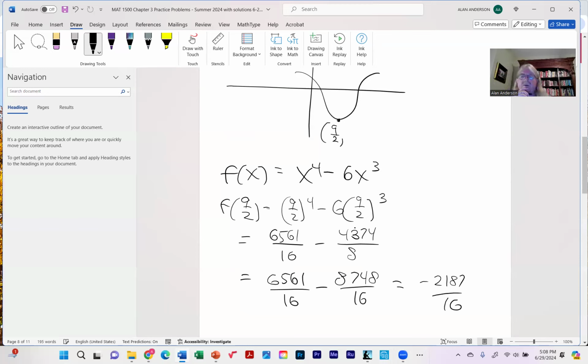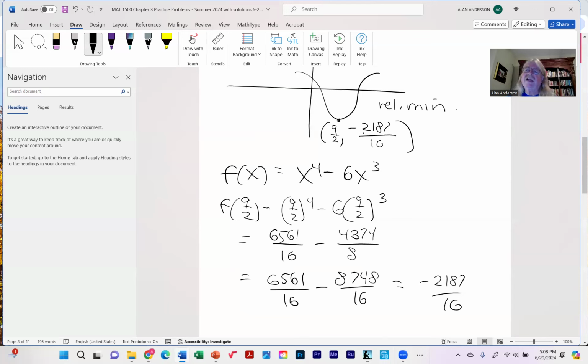It doesn't look like that can be reduced any further. So we'll write this as negative 2187 over 16. So that is our minimum point. And since it's the only minimum point over this entire domain, it is also a global minimum.